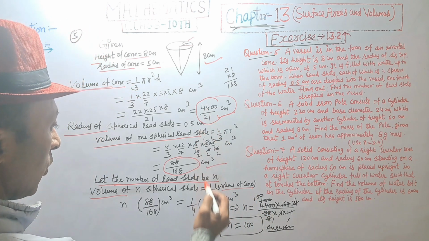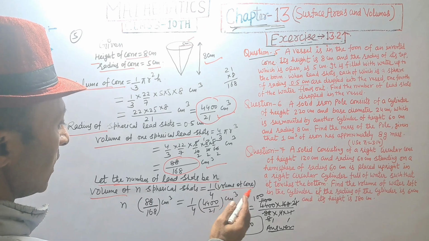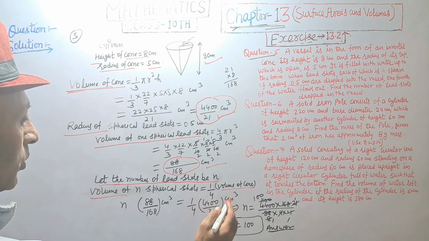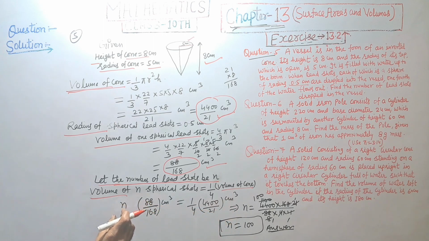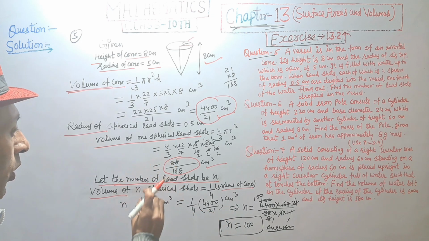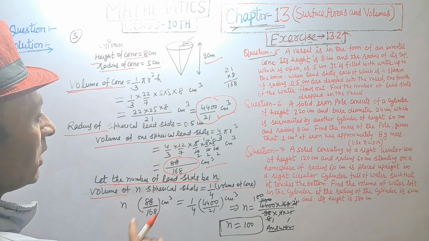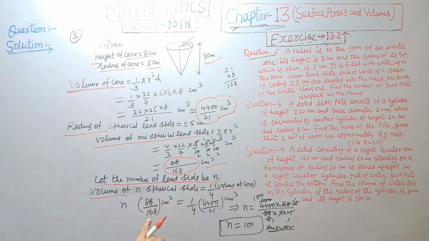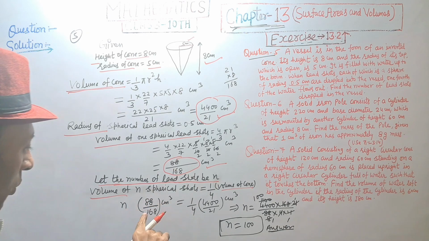Volume of cone we get 4400 upon 21 centimeter cube, 1/4 of 4400 upon 21, and n times the volume of one spherical lead shot, that is equal to 88 upon 168 centimeter cube.